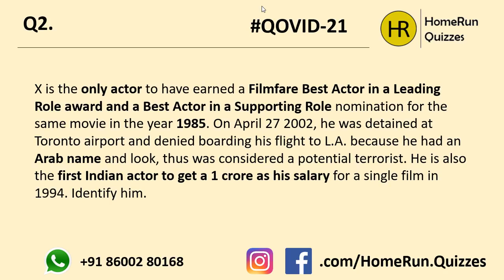X is the only actor to have earned a Filmfare Best Actor in a Leading Role as well as Best Actor in a Supporting Role nomination for the same movie in the year 1935.